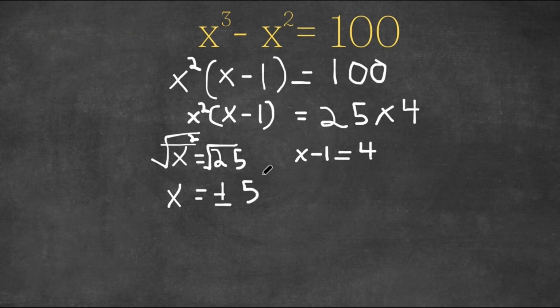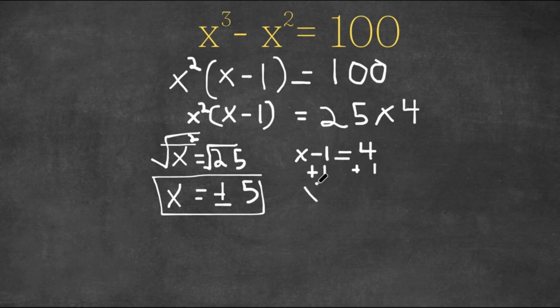So as you can see, this is one solution. And x minus 1 equals 4. Well, we would add 1 on both sides, and if we do that, these two cancel out, and x equals 4 plus 1, which is 5. However, as you can see, 5 is already one of our solutions, so this is just unnecessary. We already have this as a solution. So we have x equals 5 and negative 5.